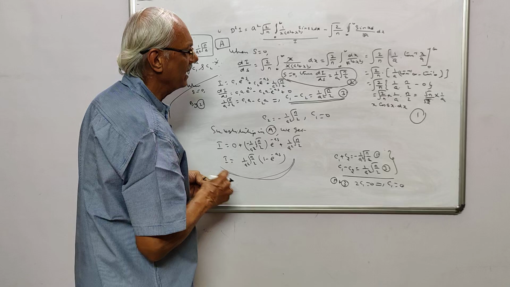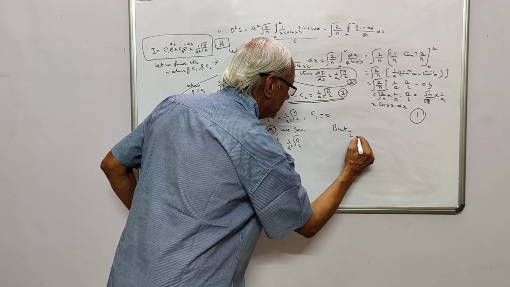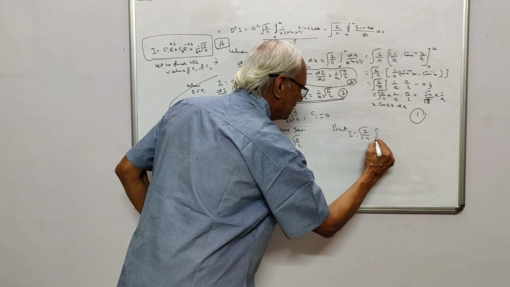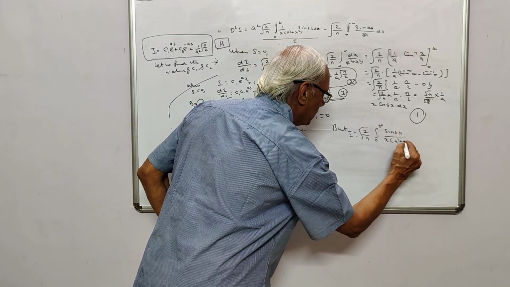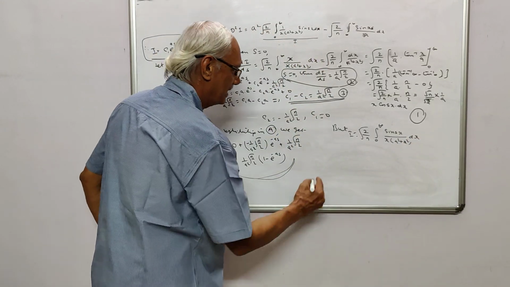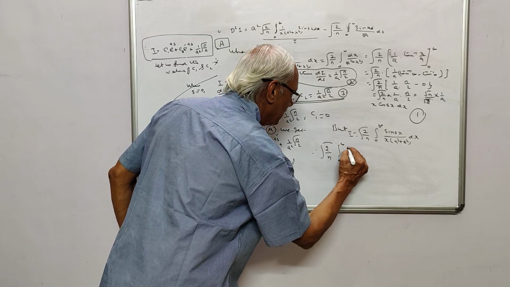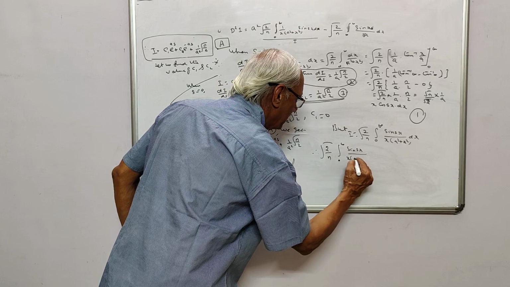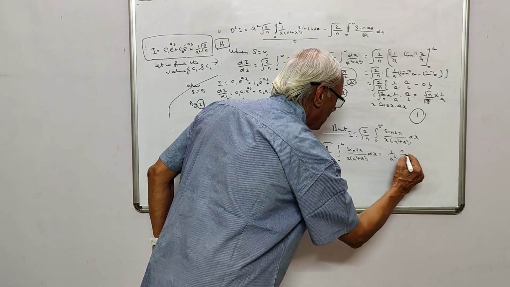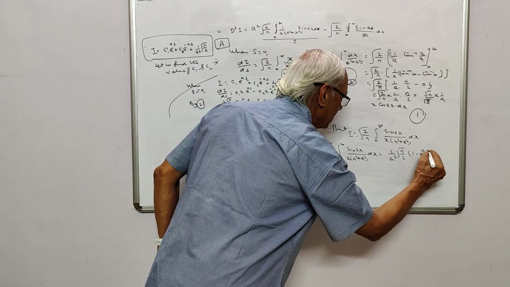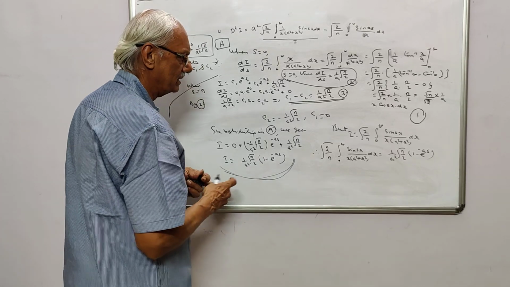I is equal to 2 by pi, square root of this, integral from 0 to infinity of sine sx divided by x into a squared plus x squared, dx. Therefore 2 by pi square root of this into integral 0 to infinity sine sx divided by x into a squared plus x squared is equal to 1 by a squared, pi by 2 square root of this, 1 minus e to the power of minus as. So this is your answer.